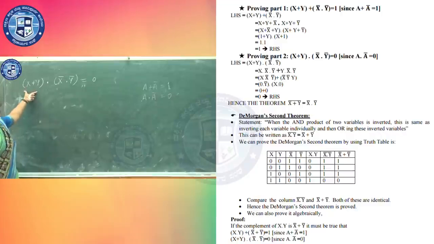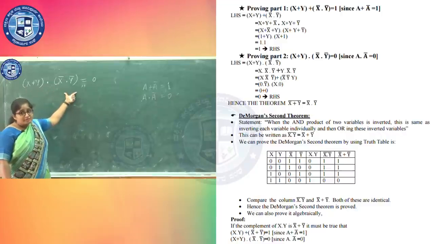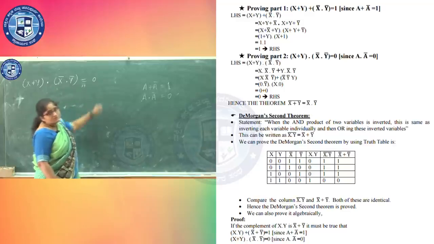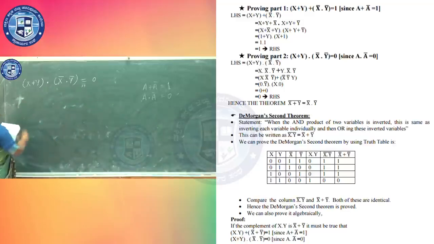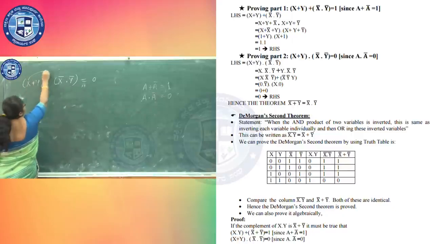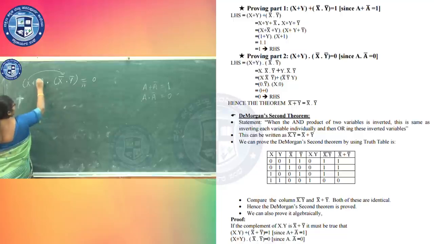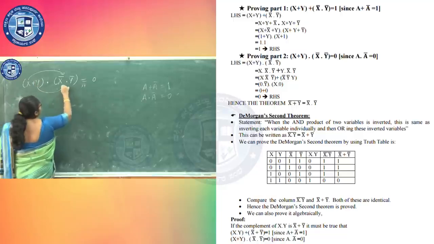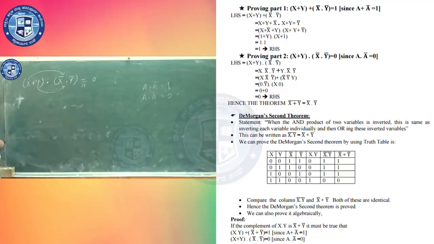A variable ANDed with its complement will give you the value 0. So here we have multiplication in between. So what happens there is x, this term must be multiplied with this whole term. Again this term is multiplied with this whole term and it is added in between.